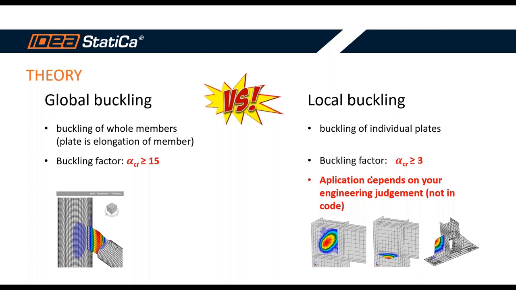Our university team, led by Professor Wald, made an experiment, and they found out that in this case, local buckling, it's possible to use the limit value 3. But please keep in mind, this is only based on our experiments. It's not covered in the code. So if you want to use this value 3, it depends on your engineering judgment. But we definitely recommend using limit 15.